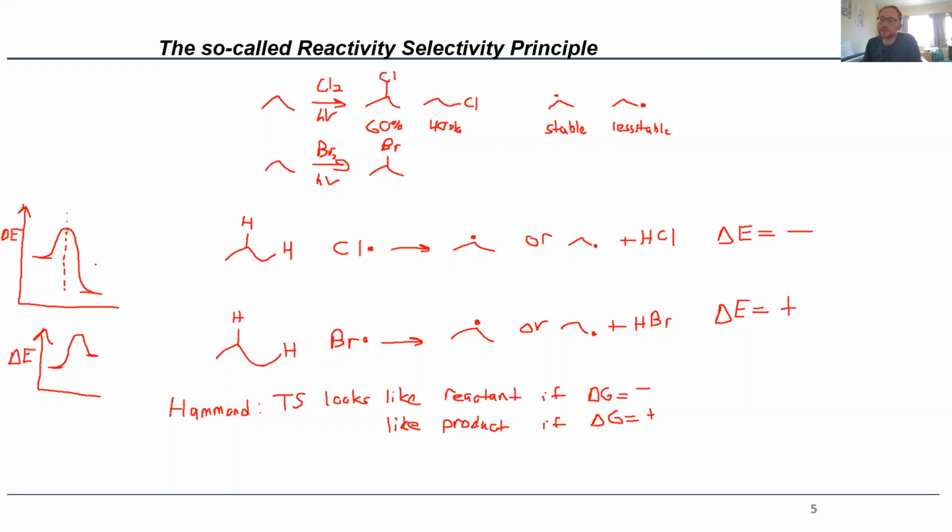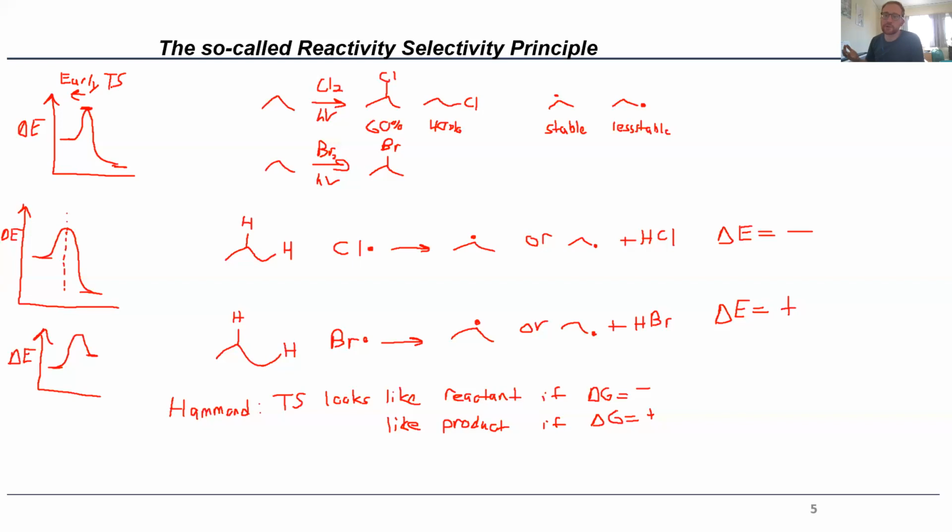And so for exergonic processes like this, the transition state, or a more accurate energy diagram, might look like this, where the transition state, in terms of the reaction coordinate, looks more similar or is earlier to the starting material.